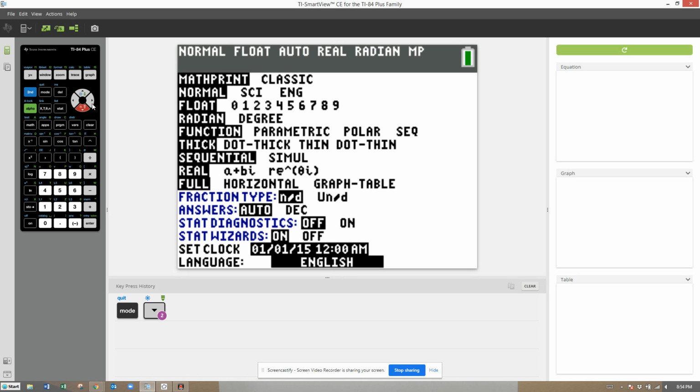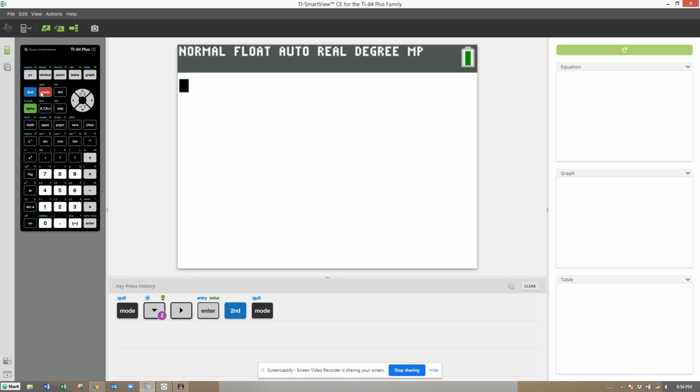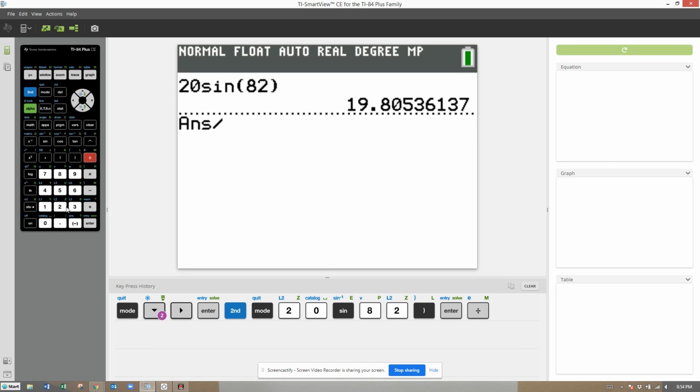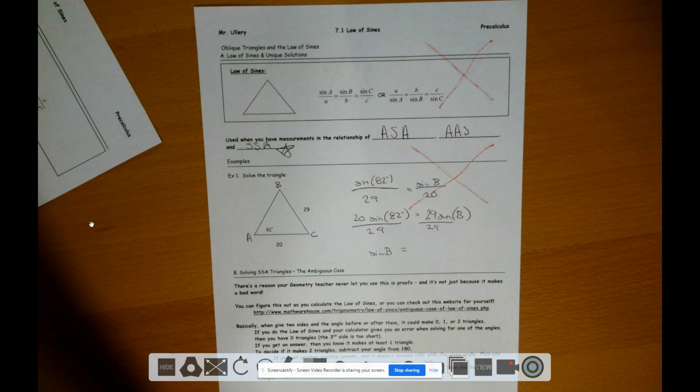Right now it's still in radians from Chapter 5 and 6. I'm going to go into degree mode, and I'm going to do 20 sine of 82. Now I'm going to hit enter, and then divide by 29 and hit enter, and I'm going to get 0.682 and so on.